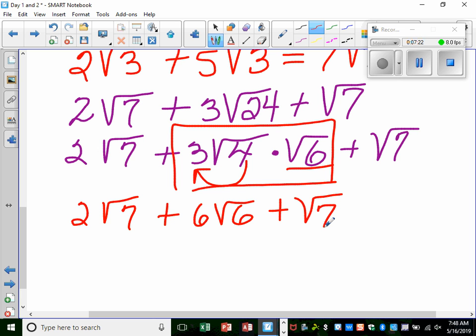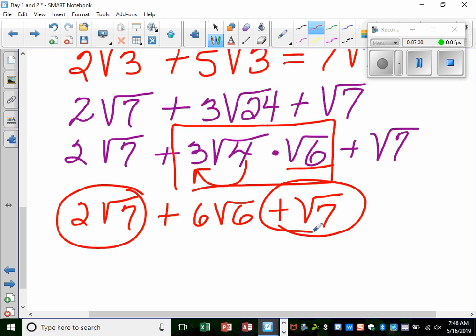The only 2 radicands I can actually add together are this one and this one. So I have a total of how many? 2 plus an invisible 1 gives me 3. So 3 rad 7 plus 6 rad 6.